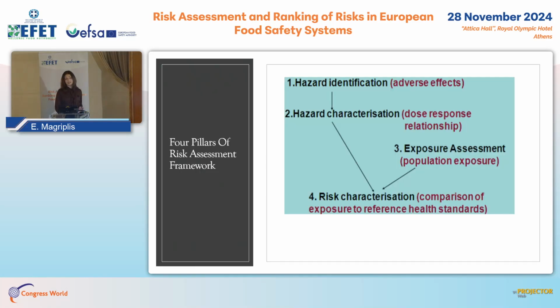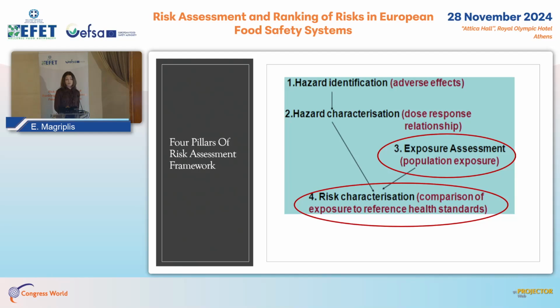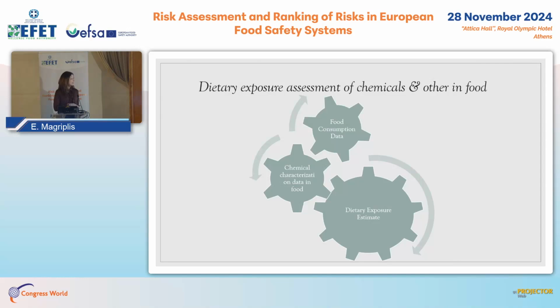As you probably heard in the first session today, there are 4 pillars of the risk assessment framework: hazard identification, hazard characterization, exposure assessment, and risk characterization. For the exposure assessment, we need data on consumption; for the other two, the chemical characterization.